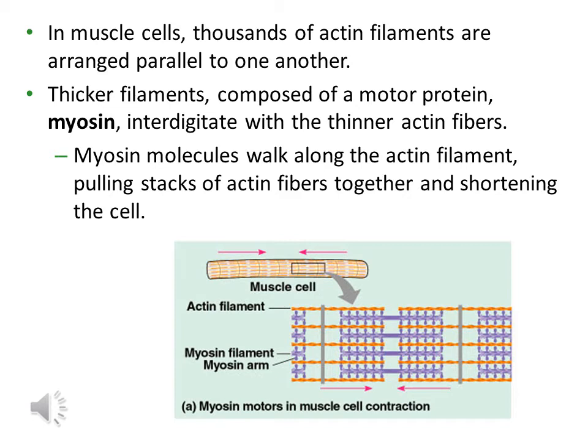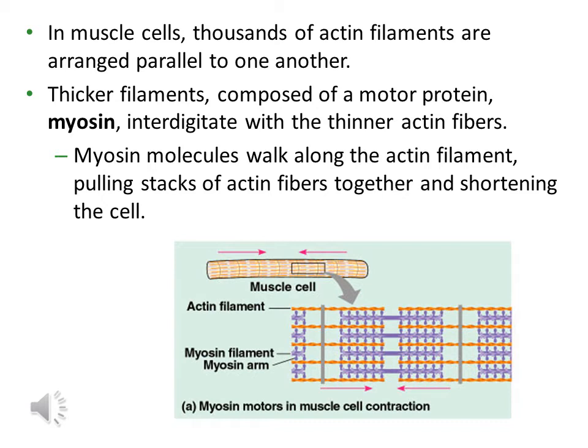As we have said about dynein and kinesin, there is another motor protein called myosin, which interdigitates with the thinner actin filament. In between the actin filaments, we can see the thicker myosin filament. This myosin molecule walks along the actin filament and pulls the stacks of actin fibers together and shortens the cell, helping in the contraction of the muscle cells.